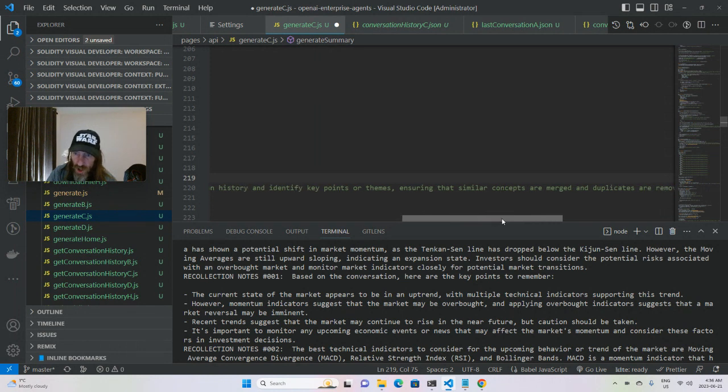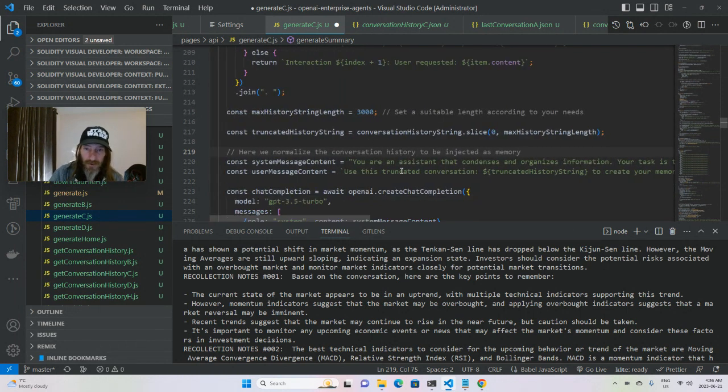Ensure that similar concepts are merged and duplicates are removed. Generate a concise, organized summary suitable for future reference. And so it will take whatever that is and try to do this. That's the plan, right? That's the target.